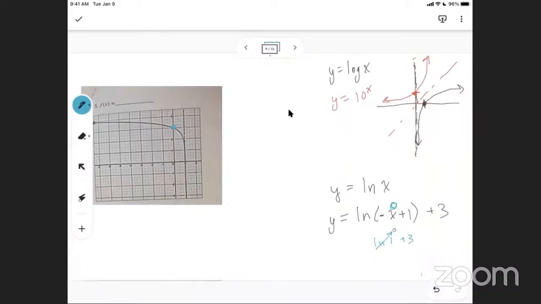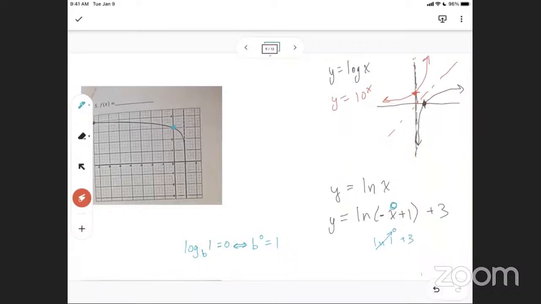Any log base anything of 1 is 0. Remember this formula, log base b of 1 equals 0. That's because anything to the 0 equals 1. You remember how these are related to each other? The equivalence? Anything to the 0 equals 1 is the same as saying the log base b of 1 is 0. The log base anything of 1 equals 0.